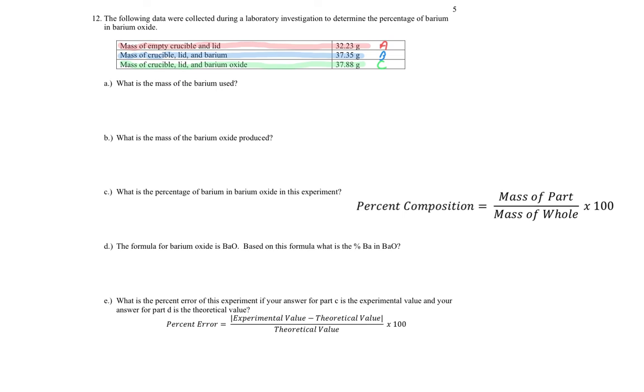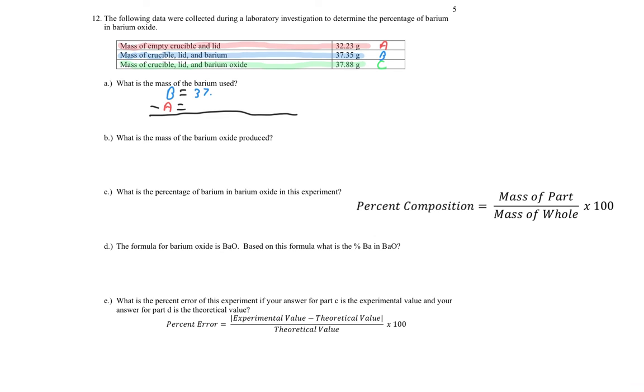So the first question at looking at this lab is to find the mass of barium used. So we're going to take our mass of crucible, lid, and barium, and we're going to subtract the crucible and the lid. So that's B minus A. What's going to be left is just the barium.